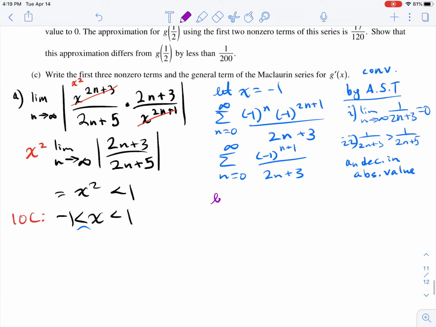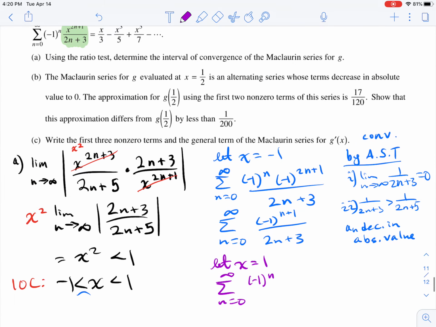When x is equal to +1, so same sort of deal. That should plug into (-1)^n. And let's just make sure I remember what that original general term looked like. We have +1 to the 2n plus 1, all over 2n plus 3.